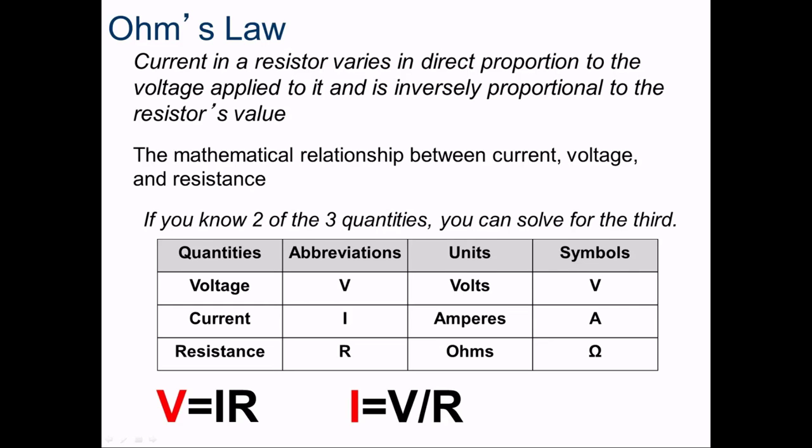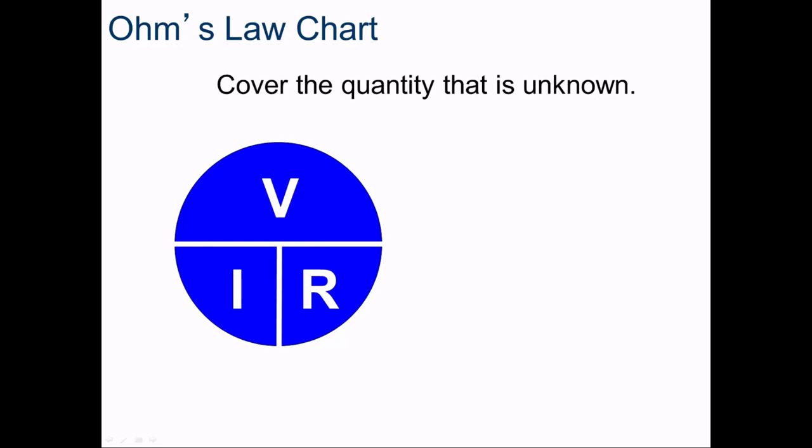V, I, R: I equals V over R, or R equals V over I. There's a better way to remember that. If you draw out a circle and then a T, and you write V, I, R. You can do this for any equation that has three variables.